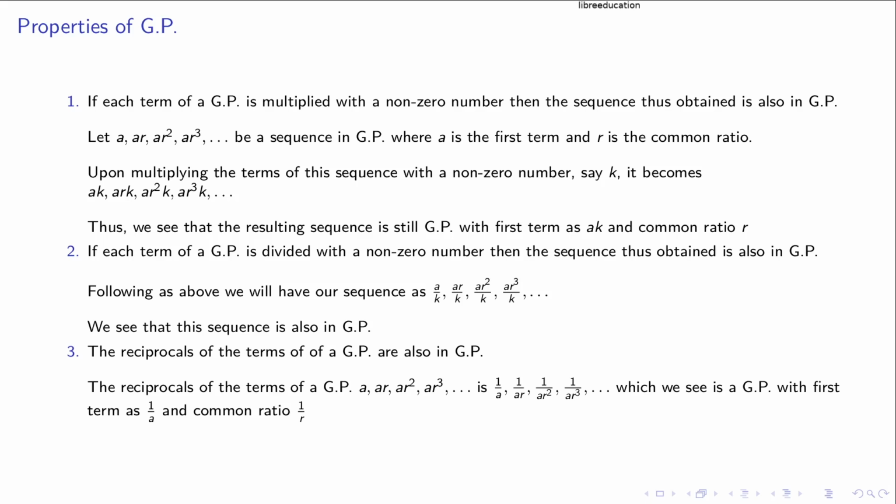The third one says that the reciprocals of the terms of a GP are also in GP. So if the GP is A, AR, AR square, AR cube, then the reciprocals are 1 by A, 1 by AR, 1 by AR square, 1 by AR cube. And then we can quickly see that the first term is 1 by A and common ratio is 1 by R.